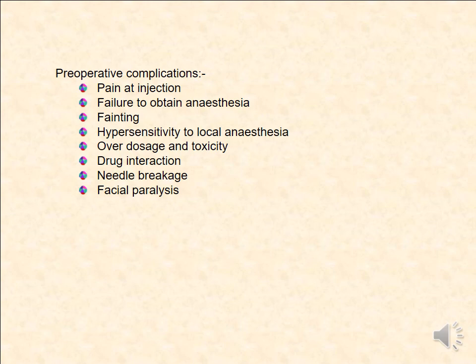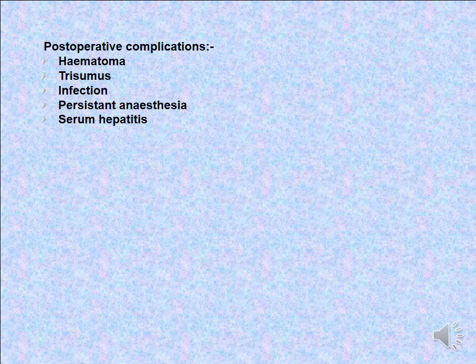These are complications that occur during operation. If they occur after operation, a day to several days later, they are called post-operative complications. The post-operative complications include hematoma, trismus, infection, persistent anesthesia, and serum hepatitis.